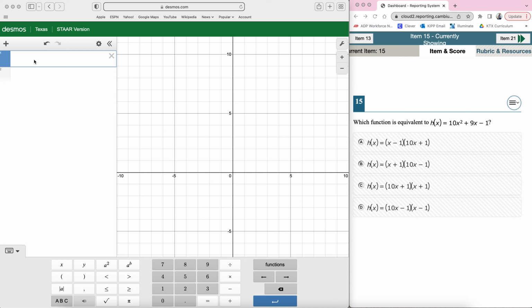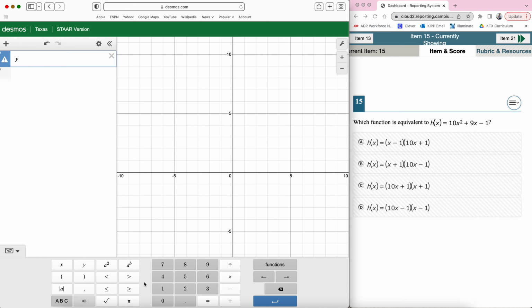I will tell you this, when you're practicing, you want to make sure to have the Desmos STAAR version, the Texas version. You'll have a green bar at the top of it, just as my screen does right now. And what we're going to want to start with is typing this equation in verbatim. As we know, h of x would be the same thing as y. So we will have y, and then we can just type it in.